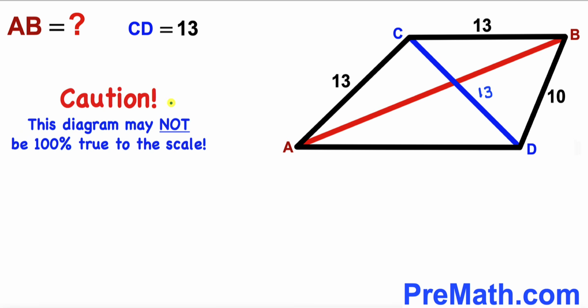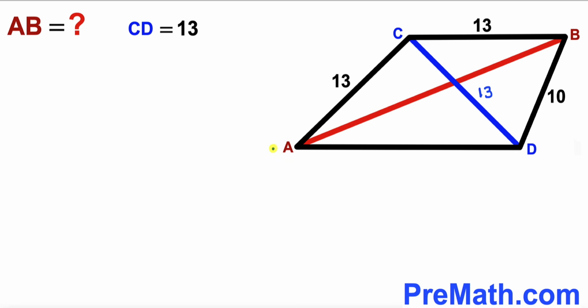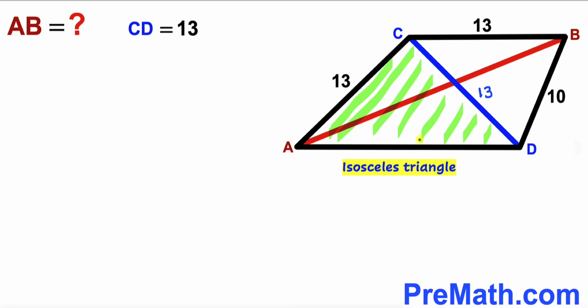Please keep in mind that this figure may not be 100% true to the scale. Let's go ahead and get started. Let's focus on this triangle ACD, and we can see this is an isosceles triangle, since this side AC length equals this side CD length.